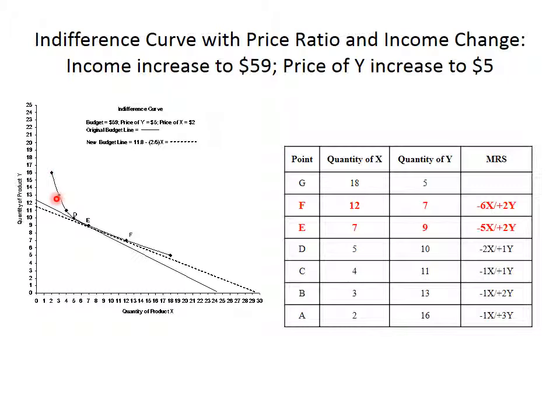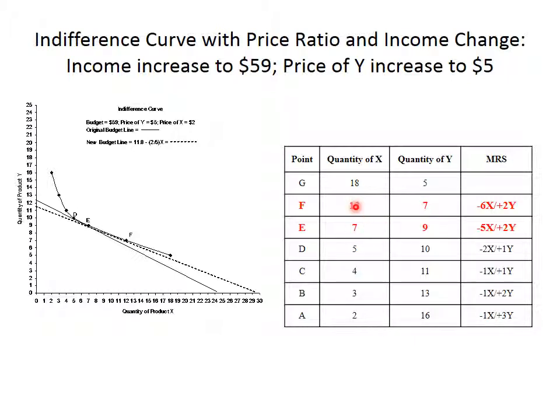The key thing is to match some combination along this curve as a tangent to our budget line. Well, here, we're sacrificing 5 X's to get 2 Y's. That's 2.5 to 1. 5 X's for 2 Y's.